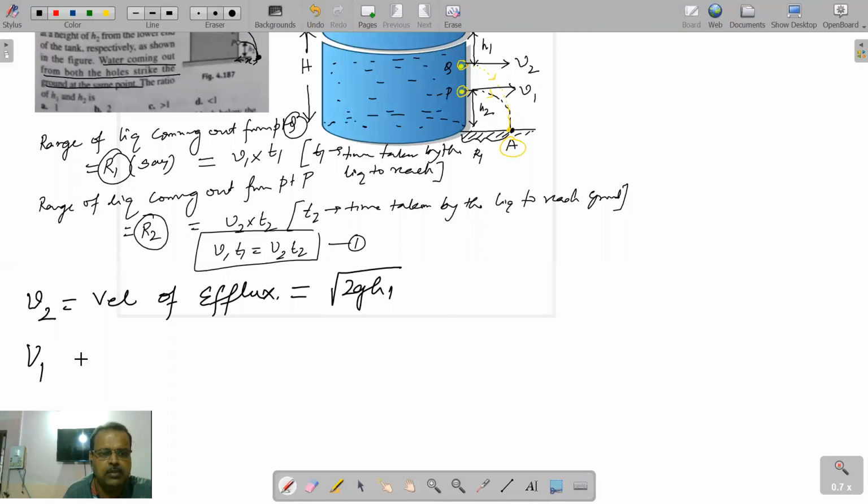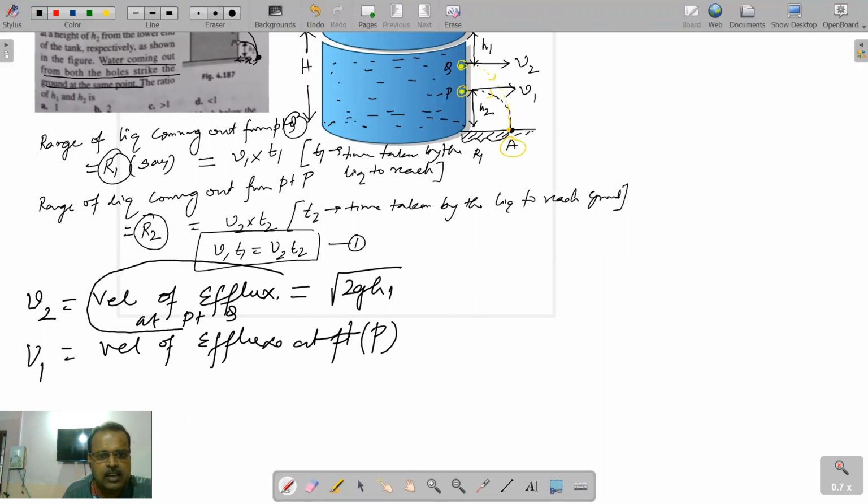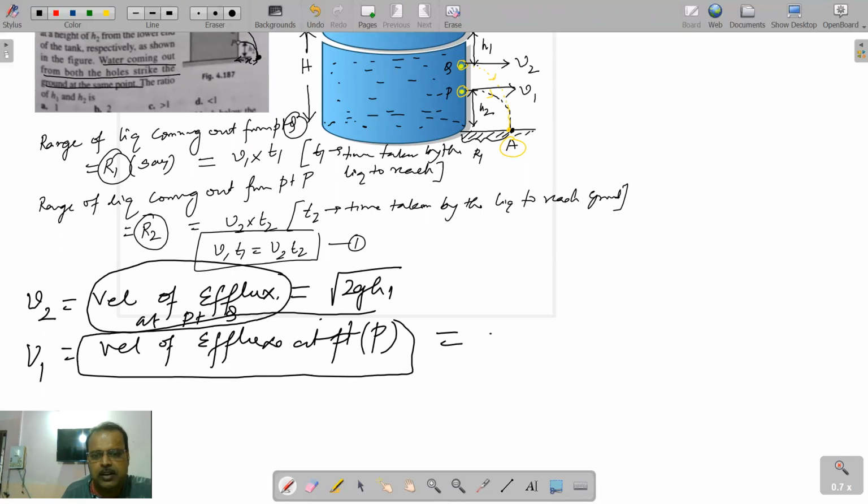So V1 is coming down at the point P. This is the velocity of efflux at point P, and this is the velocity of efflux at point Q. So this comes down to root over 2 into g into capital H minus that particular distance.